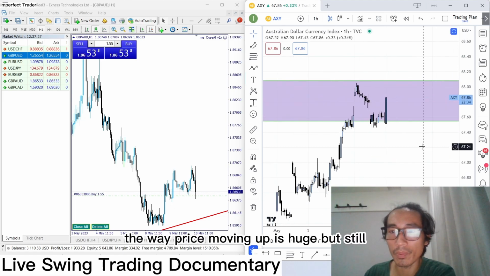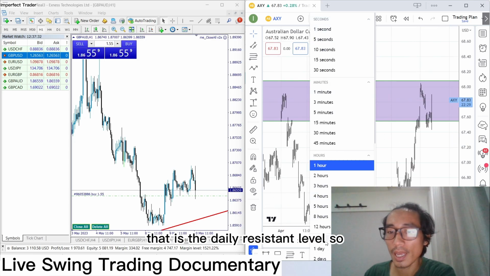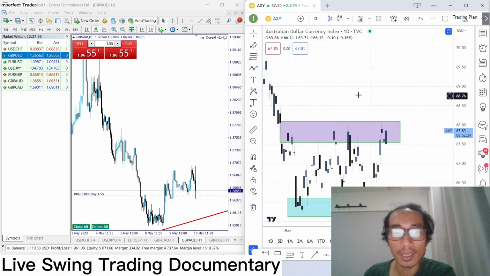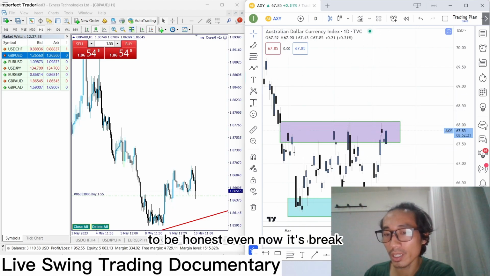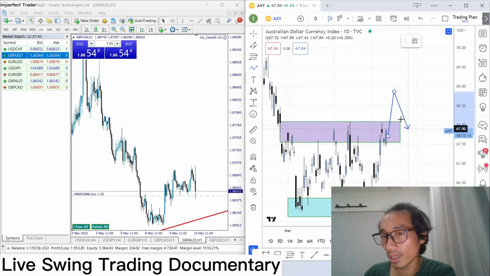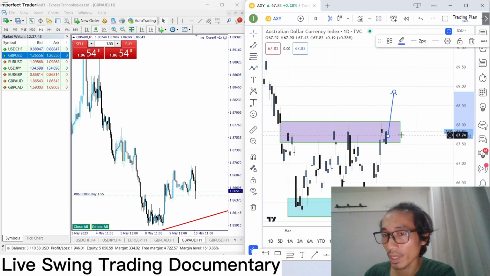Really huge. The way price is moving up is huge, but still that is the daily resistance level. So even now it breaks, to be honest, even now it breaks, I still believe that it's going to shut down and retest this level. And what does that mean?